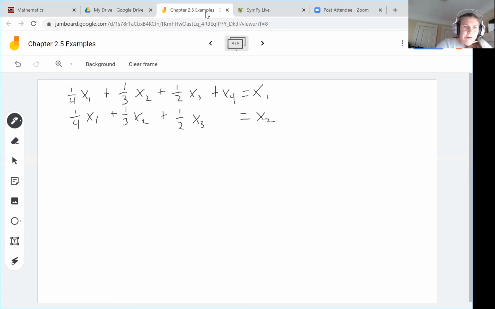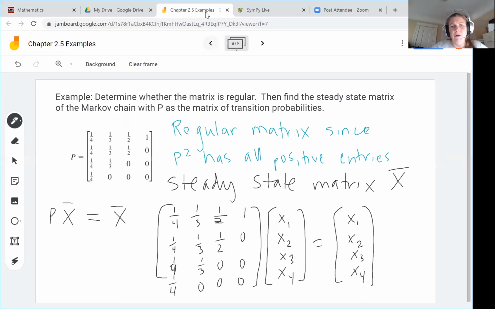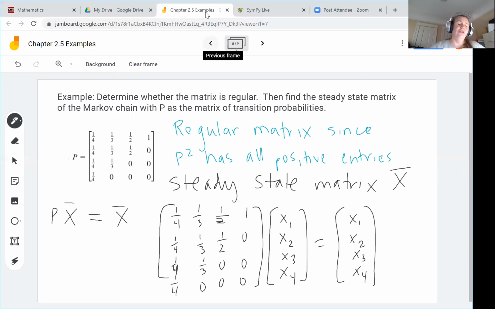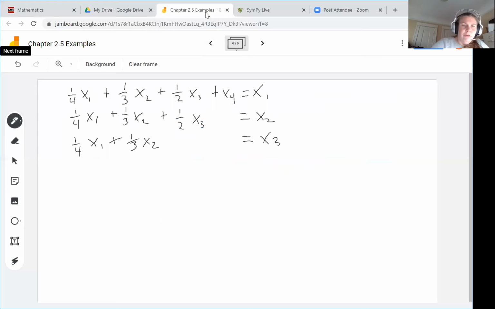Our third system equation here is 1/4 times x1 plus 1/3 times x2. All is going to equal x3. So you can see, going back, these are just the coefficients corresponding with transition matrix P. And then our last row here is 1/4 x1 going to equal x4.